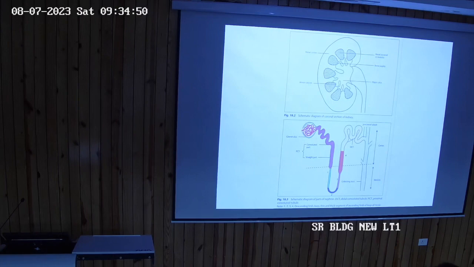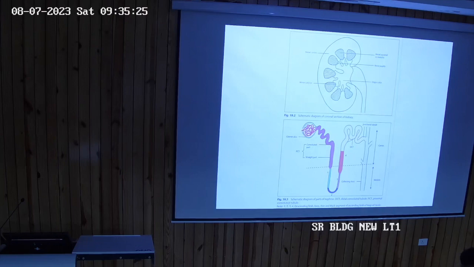And this renin acts over angiotensinogen, converting it into angiotensin 1. This angiotensin 1 is converted into angiotensin 2 by the converting enzymes coming from the endothelium of the lung capillaries.